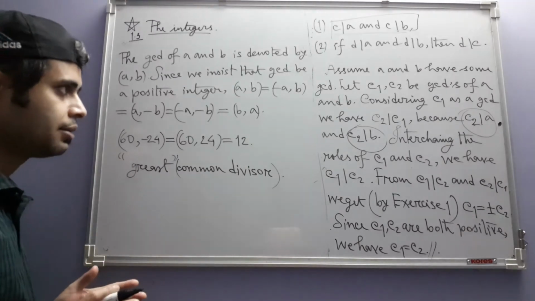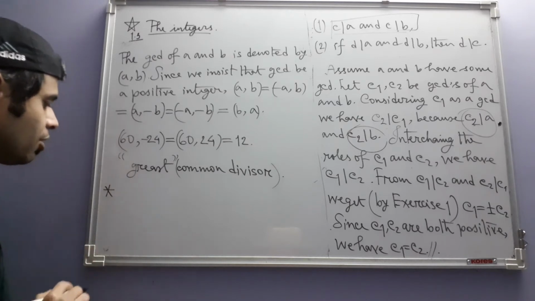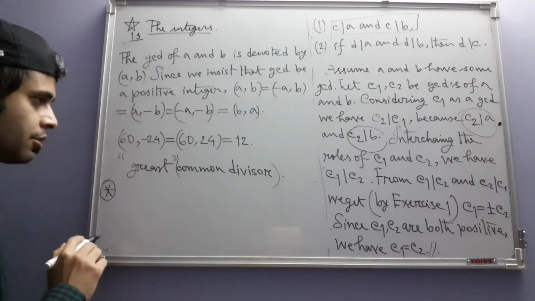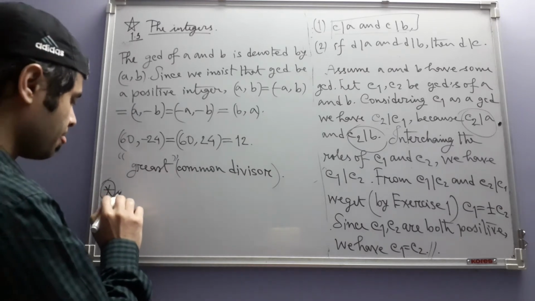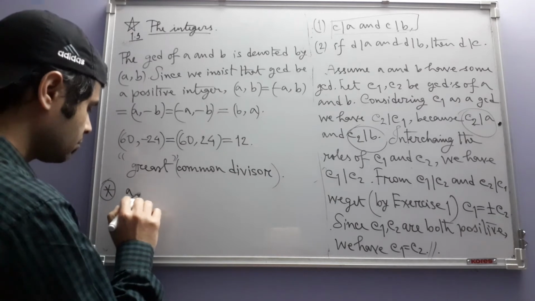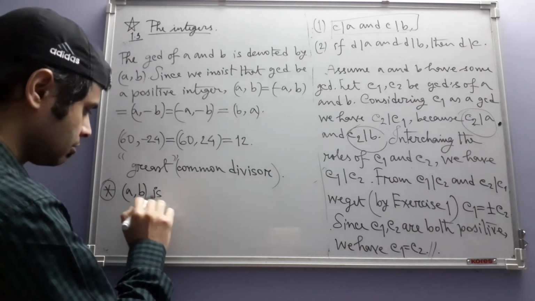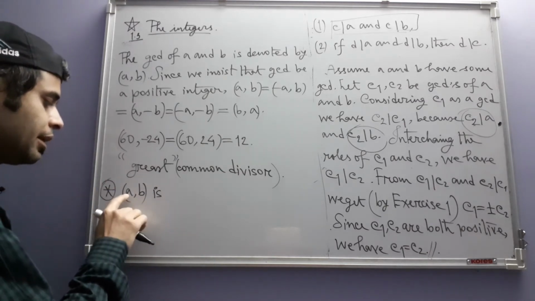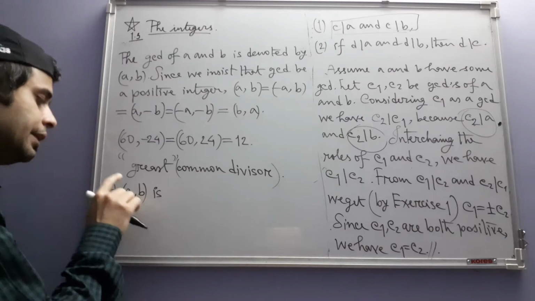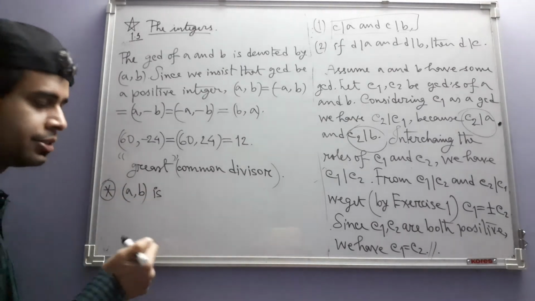To look at that, I give you one simple observation. This is not a result and it's not available in Herstein's book, but it's just a very simple observation. When we write things like this, it's assumed that A and B are integers, they are given to us, and this is their GCD.